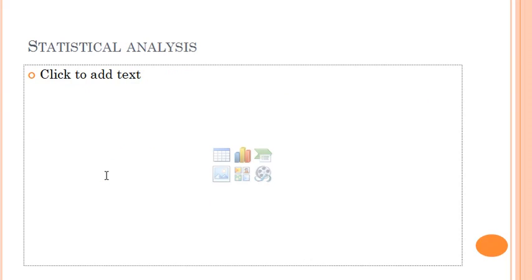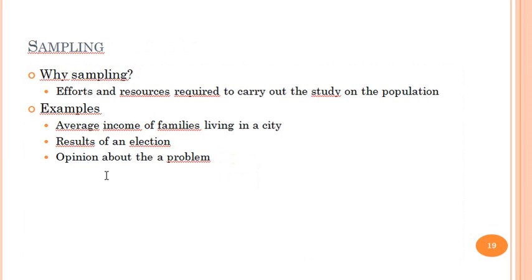Now let's see what statistical measures or statistical analysis we can perform on different sorts of data. One very important statistical measure that we perform on data is sampling, right? So the question is, why do we need to perform sampling?